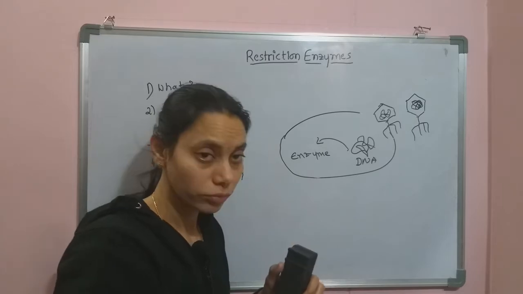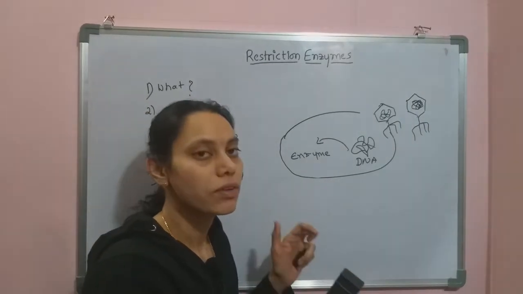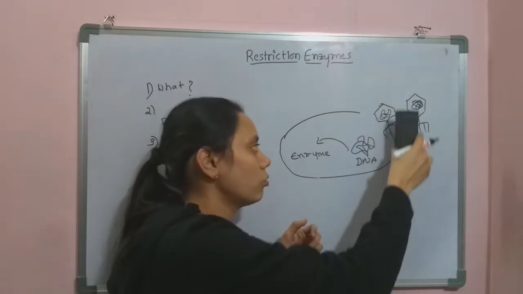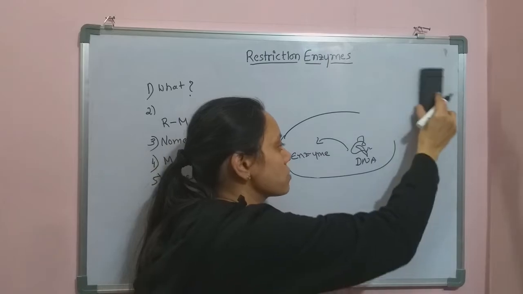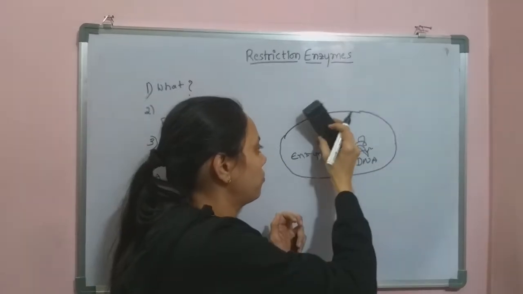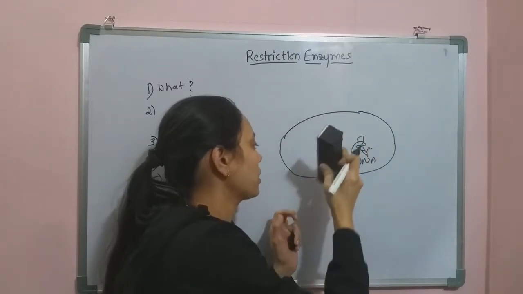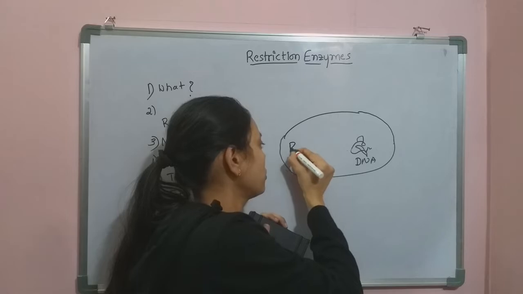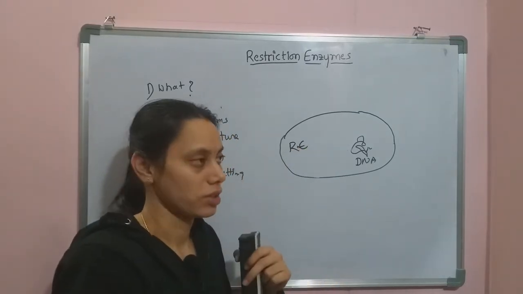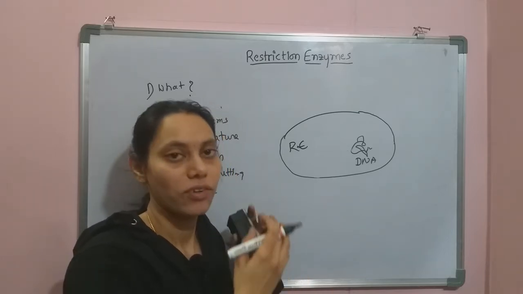So these bacteria must have some defense against this infection, right? Due to the presence of restriction enzymes, the bacteria have restriction enzymes in their pocket. That means to fight the bacteriophage, they have restriction enzymes.